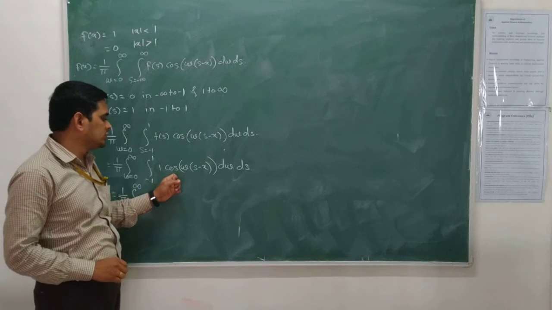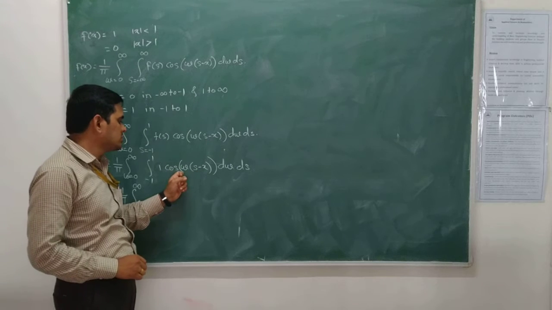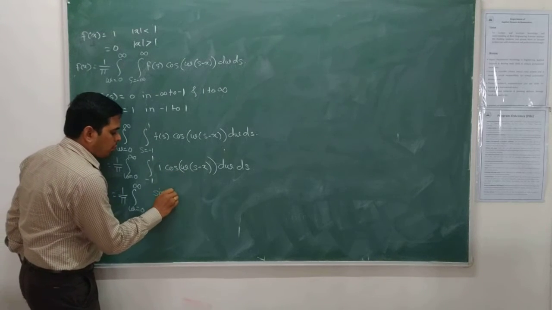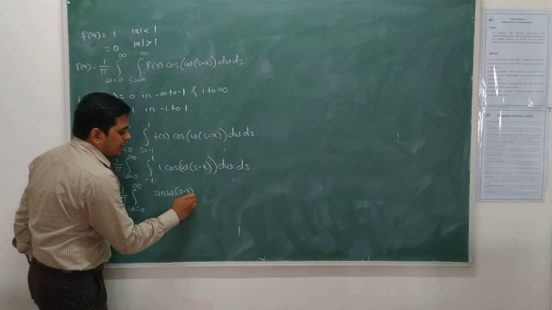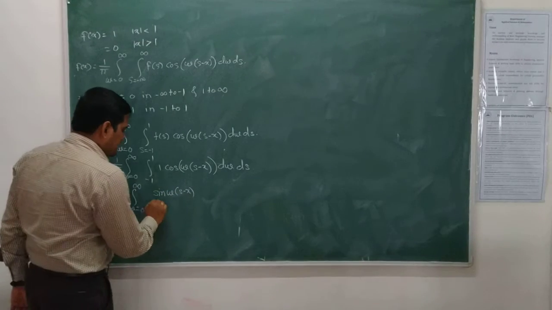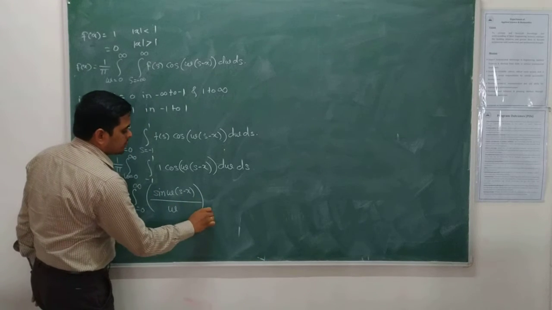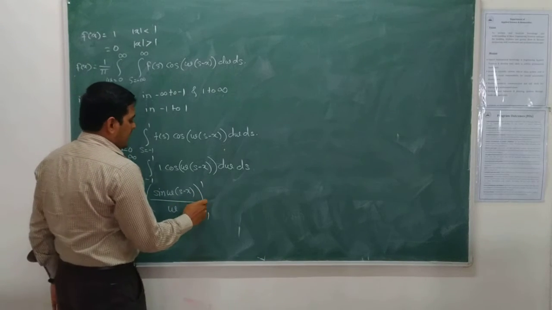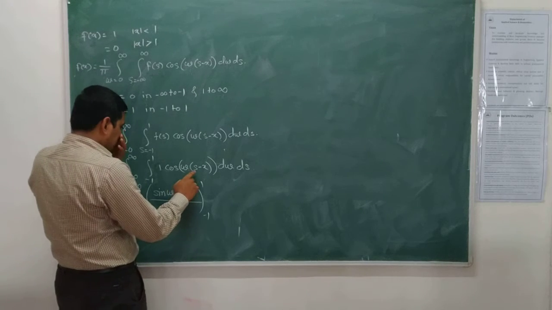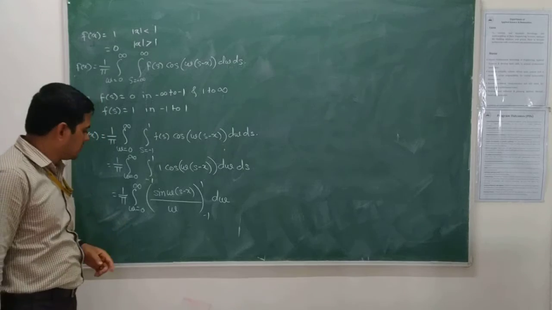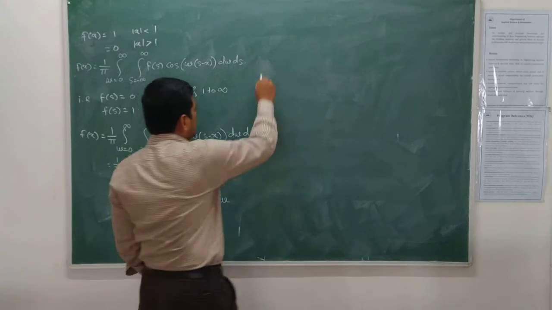Now we are going to work out this integral. Integration of the cos is sine. So we get sine of omega into bracket s minus x divided by omega, with limits from minus 1 to 1. Here we are integrating with respect to s, so d omega will remain as it is. Now we substitute the upper and lower limits.